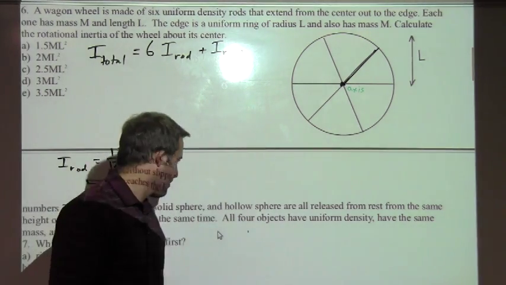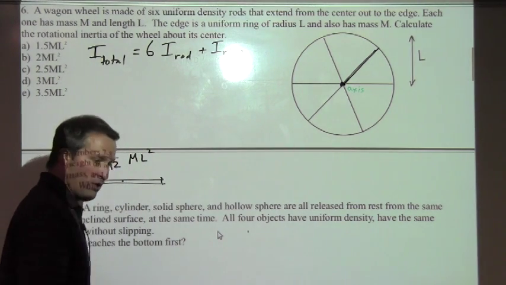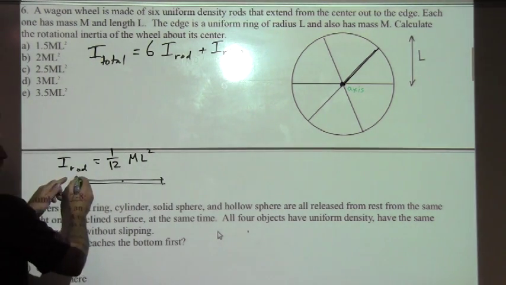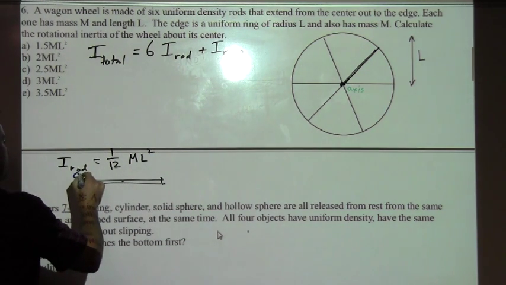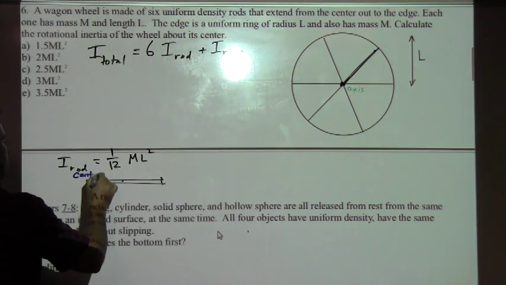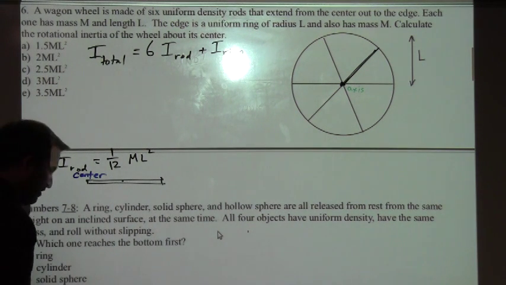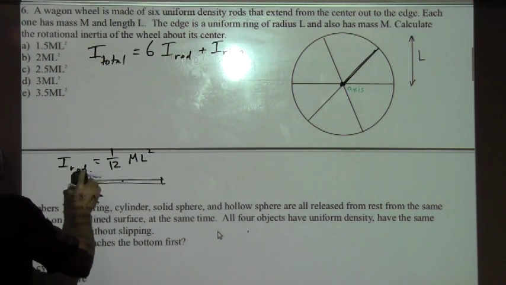But it's not too bad in this case. So let's make a little note here that this is the rotational inertia of the rod through its center of mass.